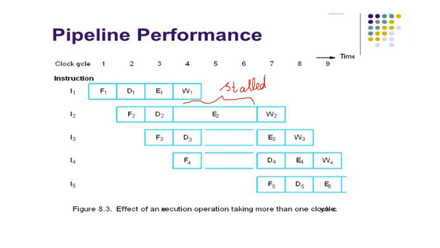Normally, pipelined operation resumes in clock 7. Any condition that causes the pipeline to stall is called a hazard. We have just seen an example of a data hazard.